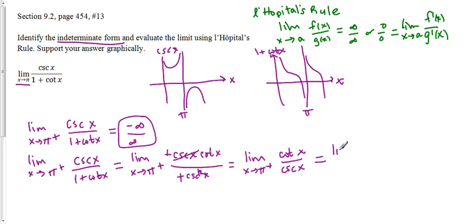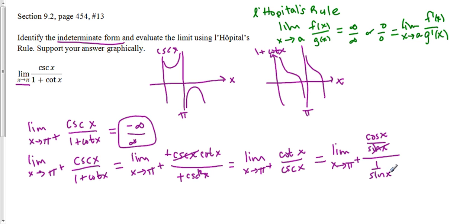Now, I can probably do a little more algebra here. Let's see what we can do by writing these trig functions in different forms. We need to remember that cotangent x is cosine x over sine x, and that cosecant x is 1 over sine x. This is great because I've got one more thing that I can cancel.